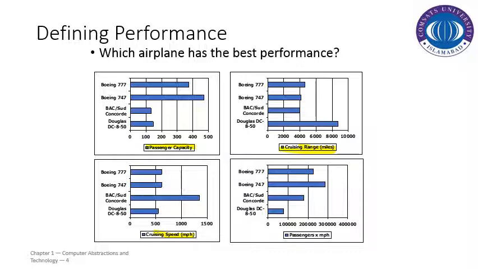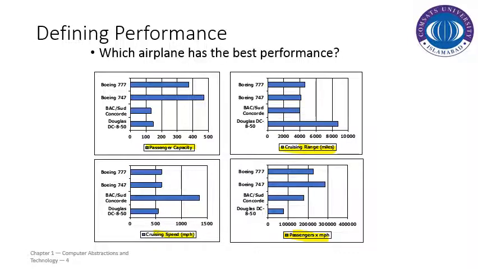And then we have passengers times miles per hour, the cruising speed comparison. So we have different performance metrics, and depending upon the particular metric, the performance of the planes can vary.